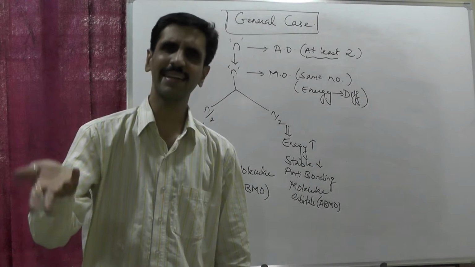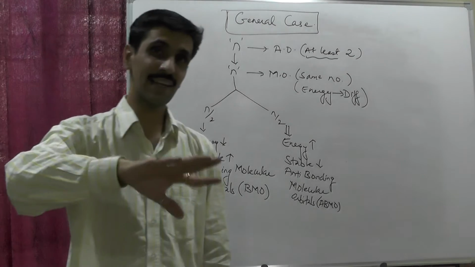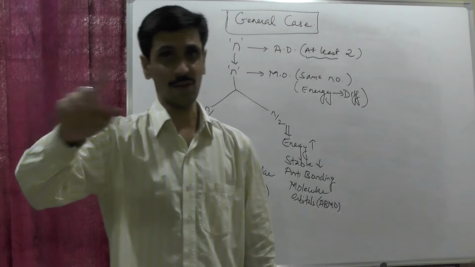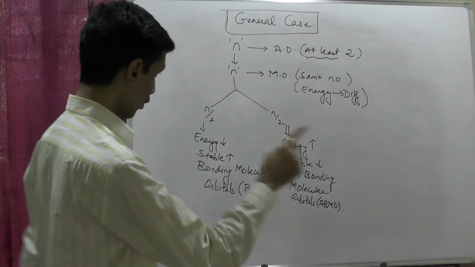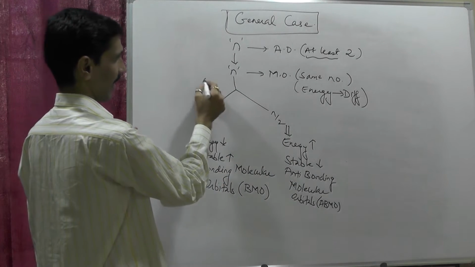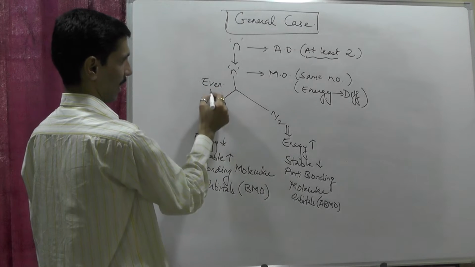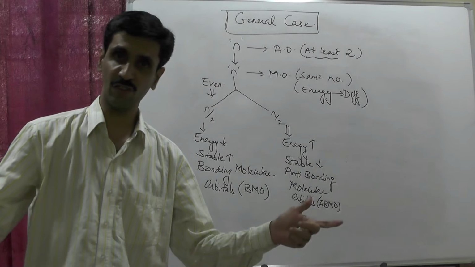So am I going to say that 3.5 is bonding and 3.5 is anti-bonding? No. This n value can be either odd or even. So whatever discussion has been done so far is when n is even, and from there these calculations and considerations are done.